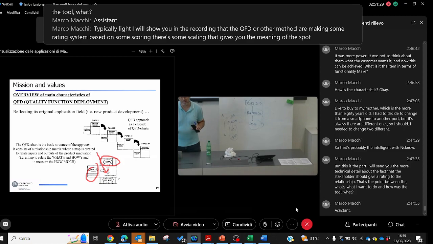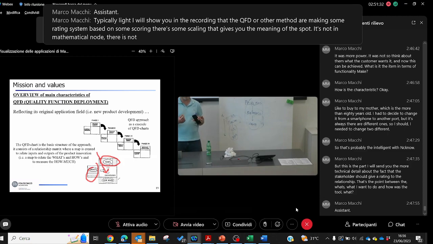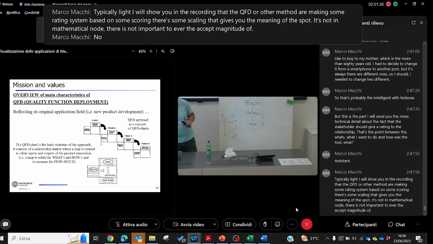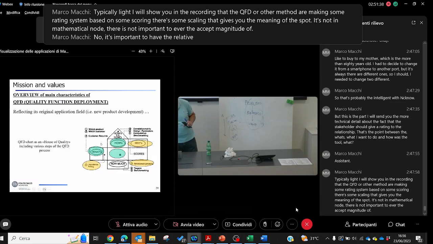It's not a mathematical model. It's not important to have the exact magnitude of the value. No, it's important to have the relative comparison.